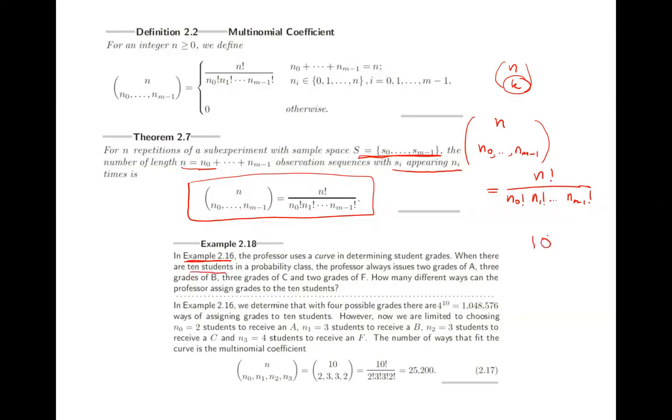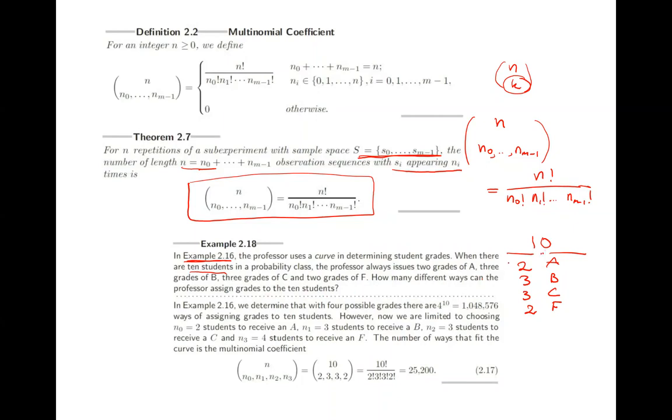So 10 students in the probability class, and 2 students take A, 3 students take B, 3 students take C, and 2 students take F. Okay, so how many different ways can the professor assign grades to the 10 students?